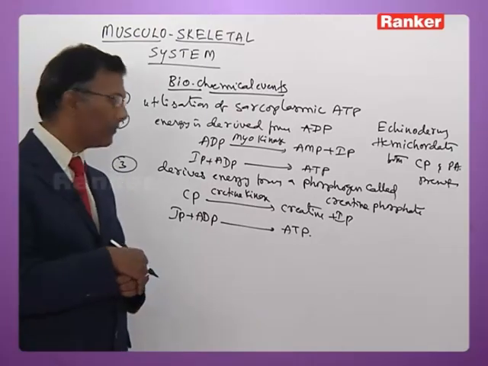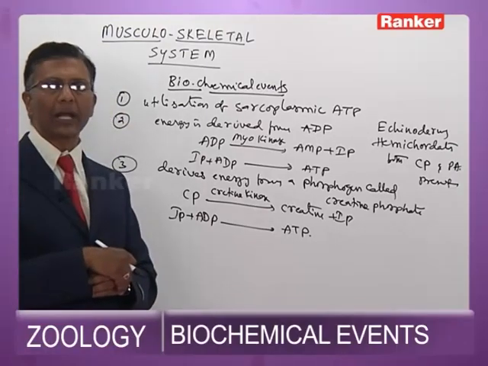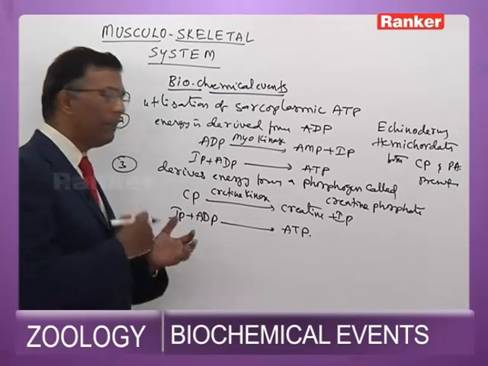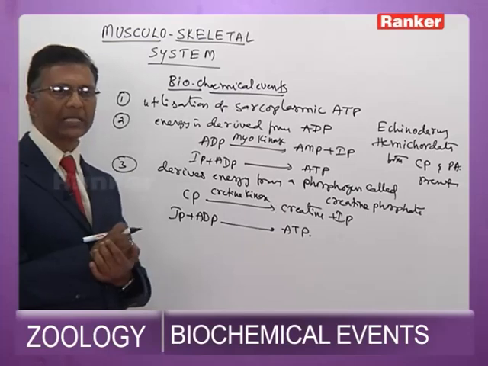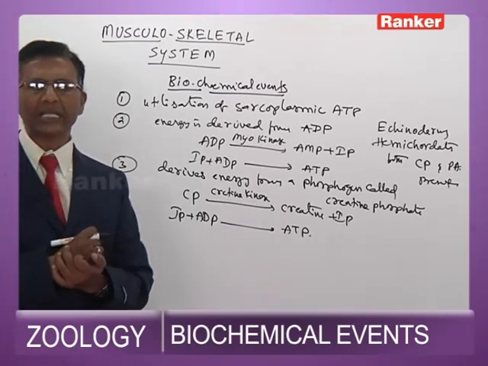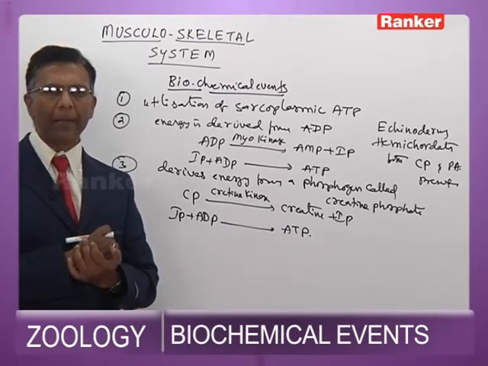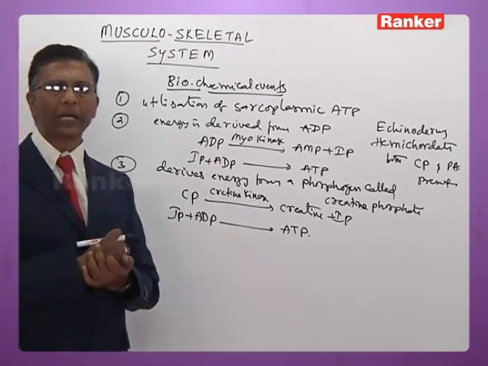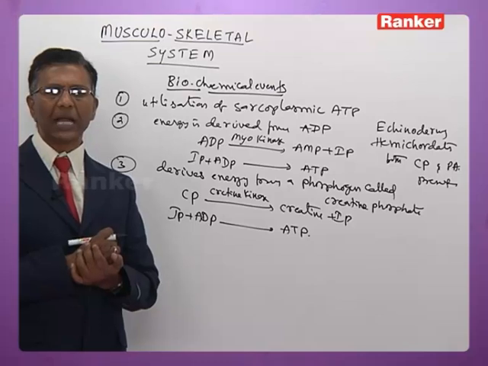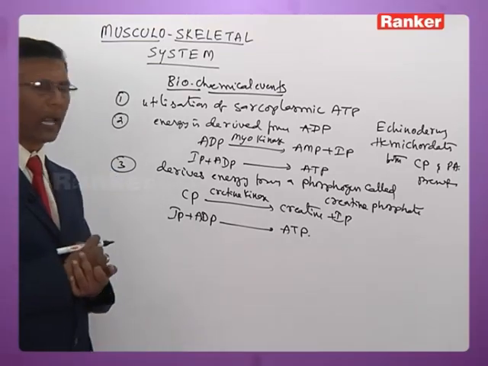When the muscle is made to contract vigorously, even the CP gets exhausted. When the CP is completely exhausted, muscle synthesizes ATP by anaerobic glycolysis. Instead of resorting to the aerobic method, muscle prefers to synthesize ATP by anaerobic glycolysis.